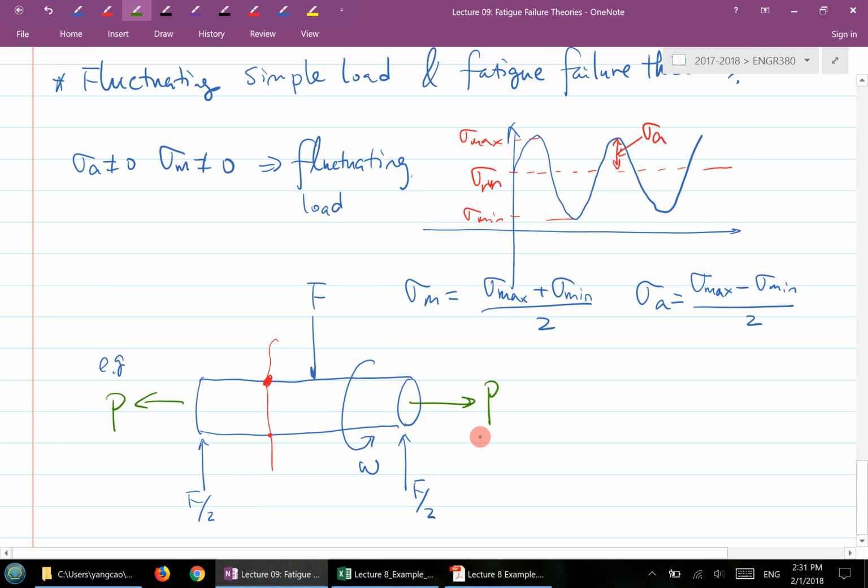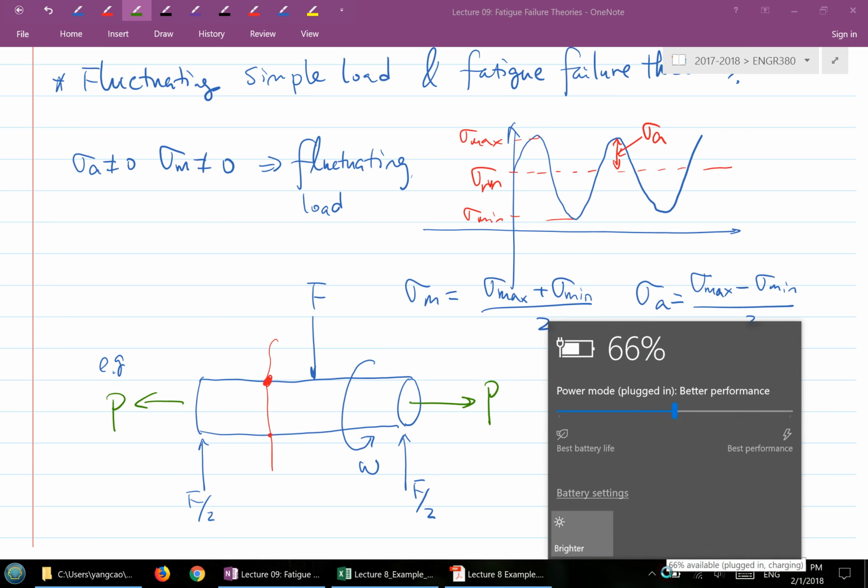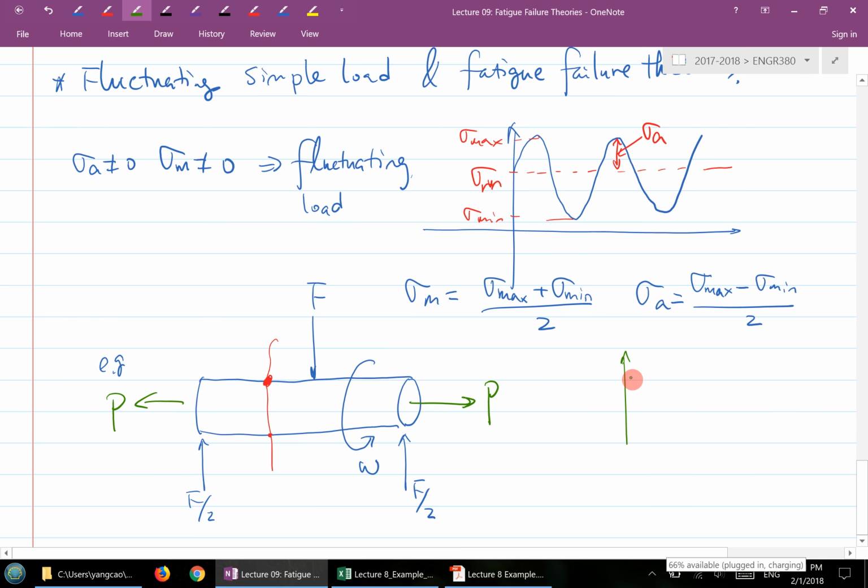With this addition of the axial loading P, what type of loading is it now for this shaft? You think about it. The original, without the P, is this, and here is your sigma A.